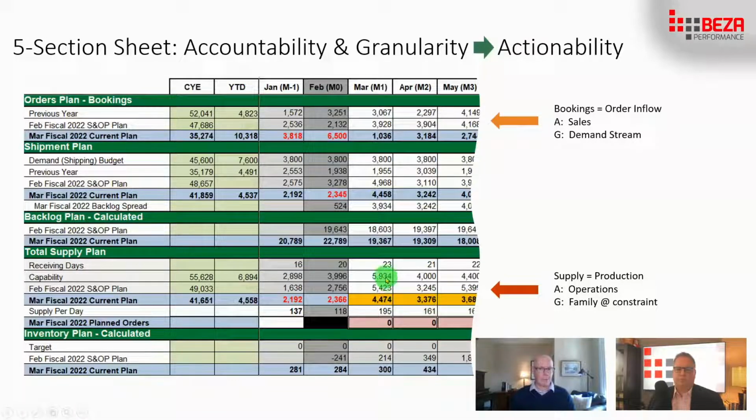And it's got to be within my capability. So I've got accountability to have a realistic plan going forward. That's not going to drive me to a negative inventory. That's not going to be above my capability, or that plan will include an increase in capability, right?